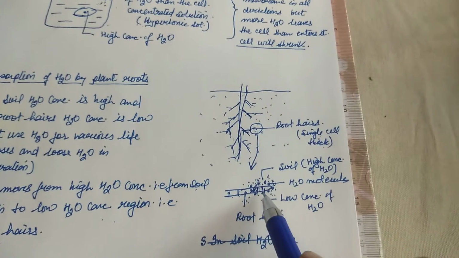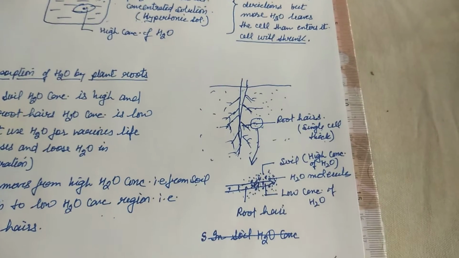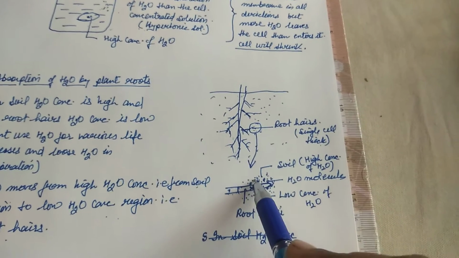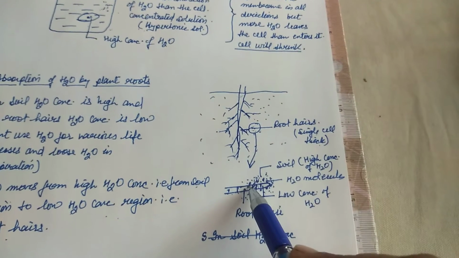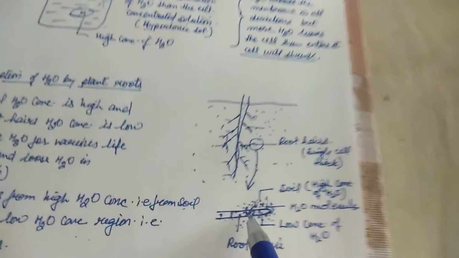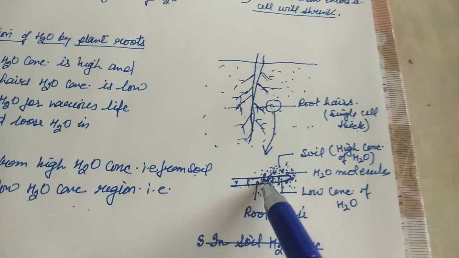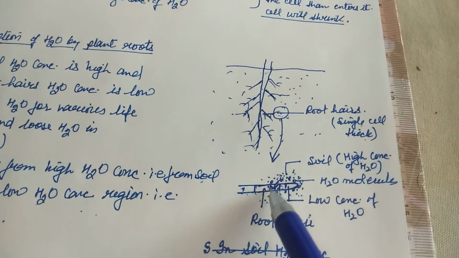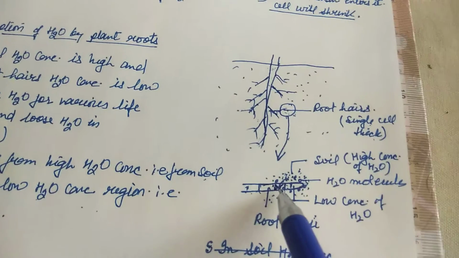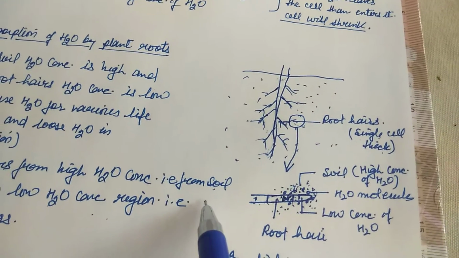So how do these root hairs absorb water? Since they are single cell thick, it's easy to move water molecules in and out of the cell through the plasma membrane. Inside the root the concentration of water molecules is less. How? Because the water in the root is transported to the plants, right?